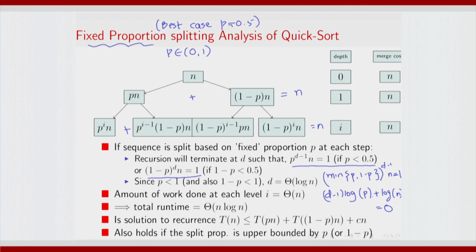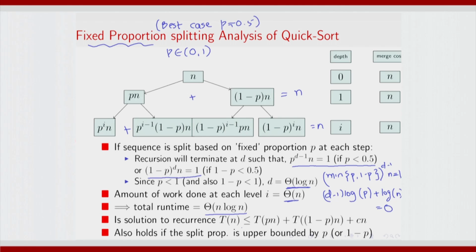So you can easily determine that d must be of the order of log of n. So the amount of work done at each level is basically theta n, and we need to do this for theta log n steps. So the total amount of time required is theta n log n.